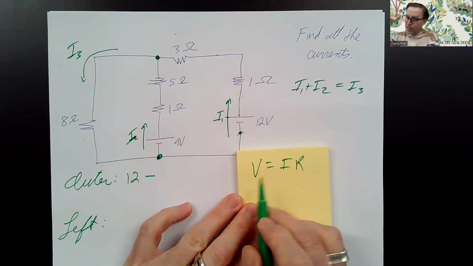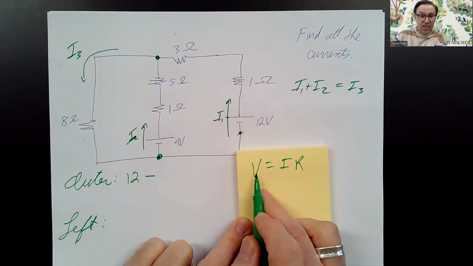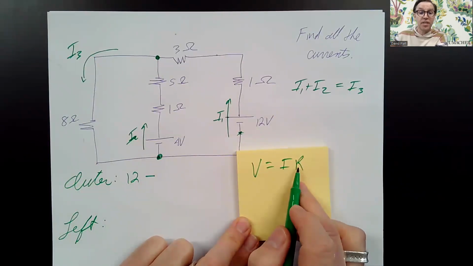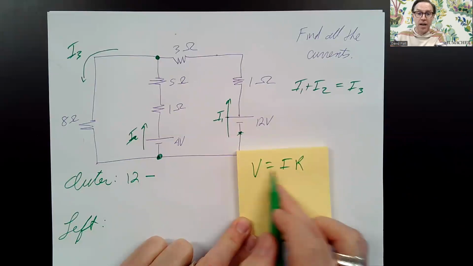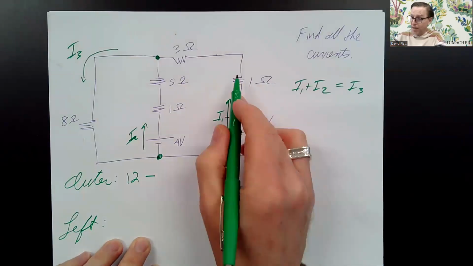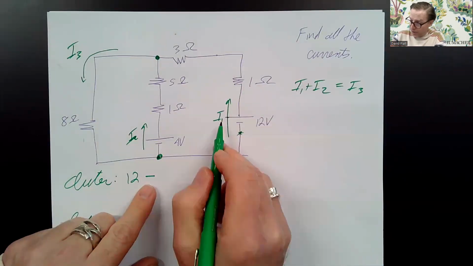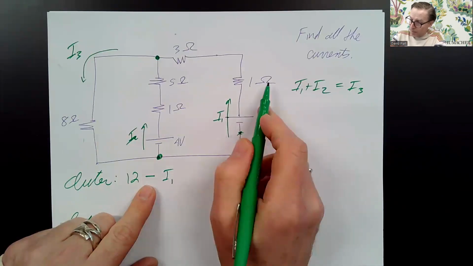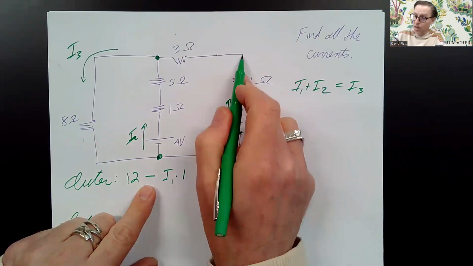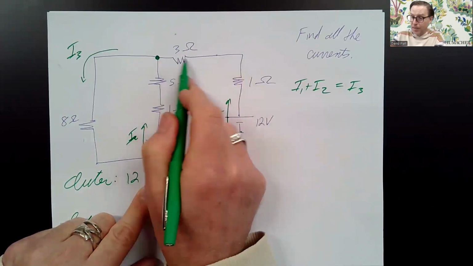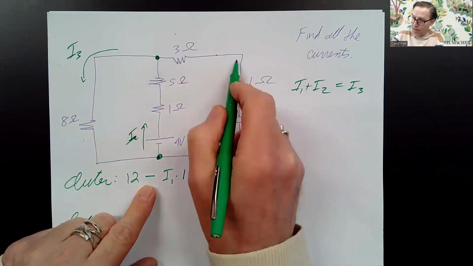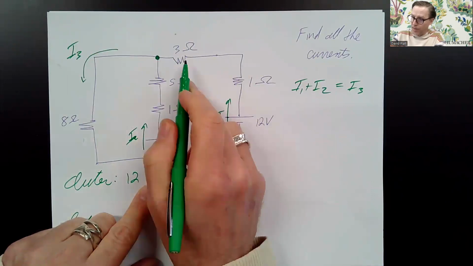That means the potential difference across a resistor equals the current through the resistor times the resistance of the resistor. So that means V is I, which here is I1, times R, which is 1 ohm, minus this potential difference, which is IR, minus I, it's still I1, times R, which is 3.